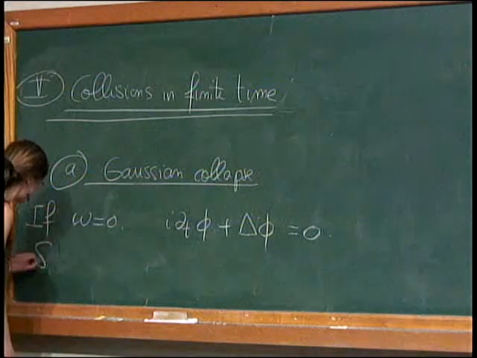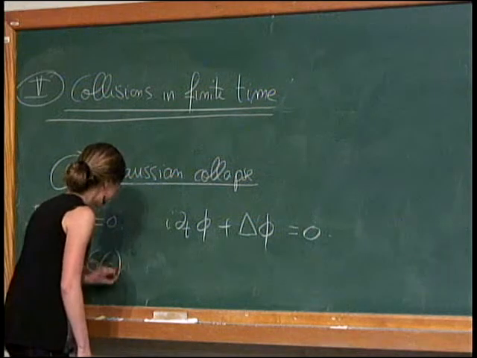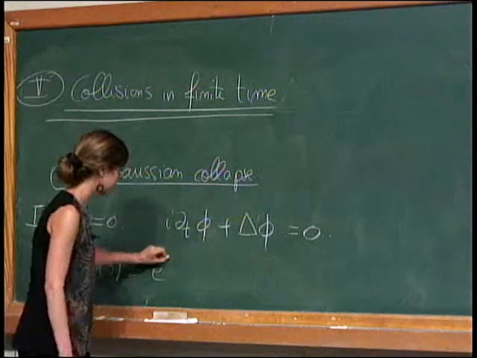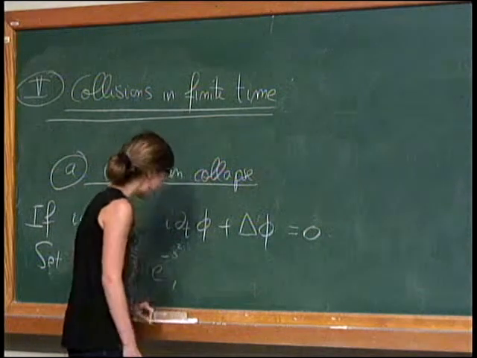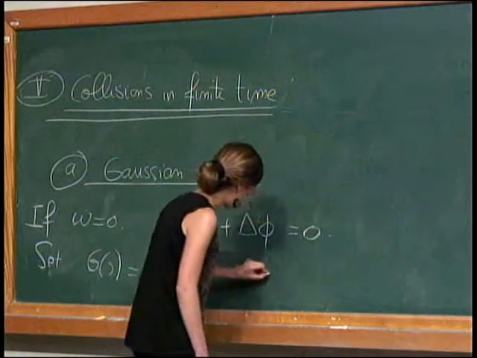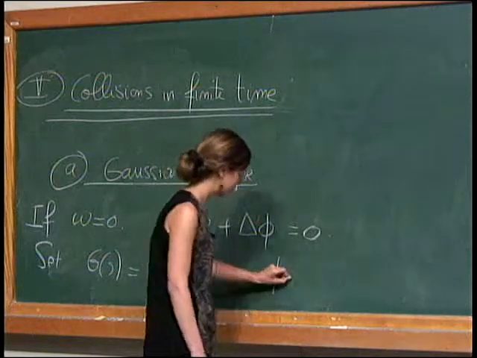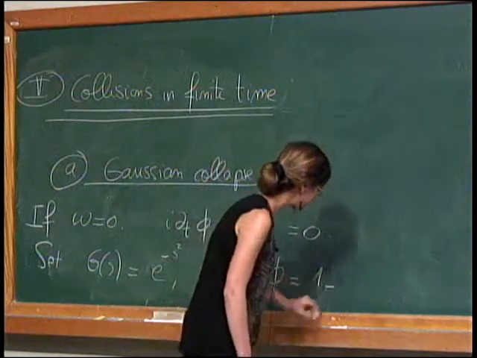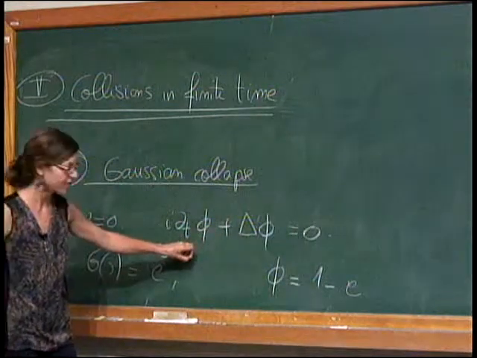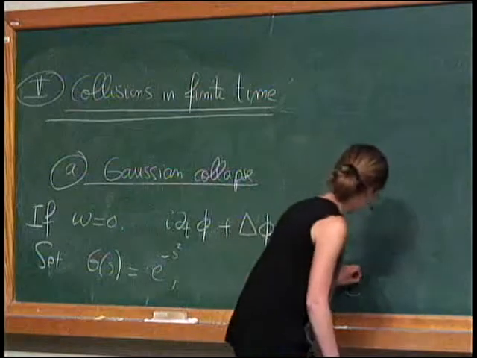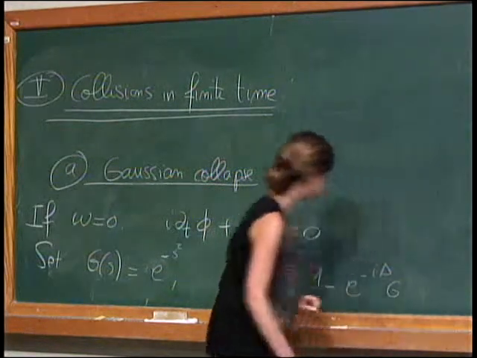Set g of s to be the Gaussian, minus exponential of minus s squared, and take the following solution. We start with an initial perturbation, which is 1 minus the evolution of the Gaussian by the linear Schrödinger equation at time 1. So this is exponential of minus i Laplacian applied to g.